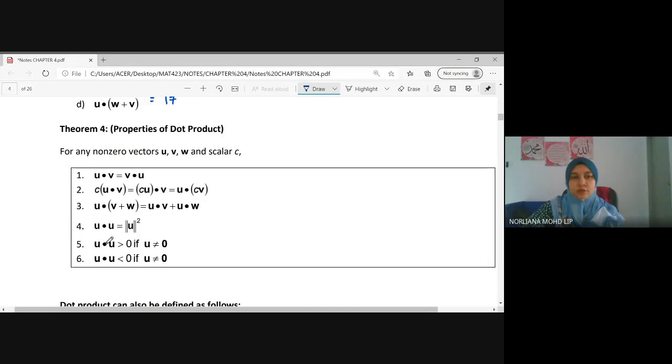And number 5, U dot U greater than 0 if vector U not equal to 0 vector. Number 6, U dot U less than 0 if vector U not equal to 0 vector.